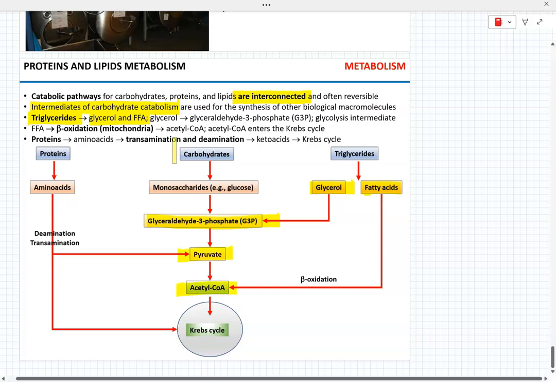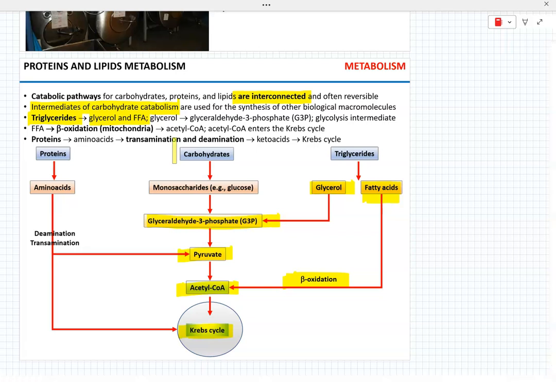Pyruvate can then be converted to acetyl-CoA, which enters the Krebs cycle, and the rest is history, you know that. Fatty acids can be converted to acetyl-CoA in the process of beta oxidation, and as we mentioned before, acetyl-CoA can enter the Krebs cycle. Beta oxidation, just like the Krebs cycle, occurs in the mitochondrial matrix.